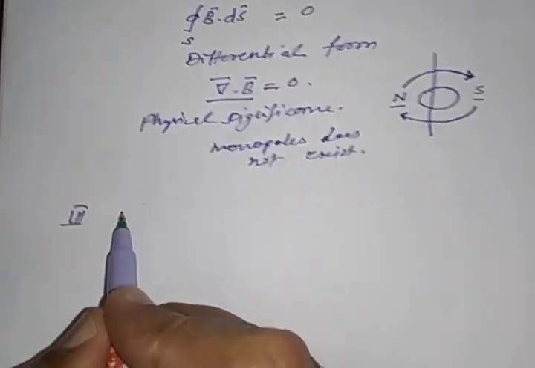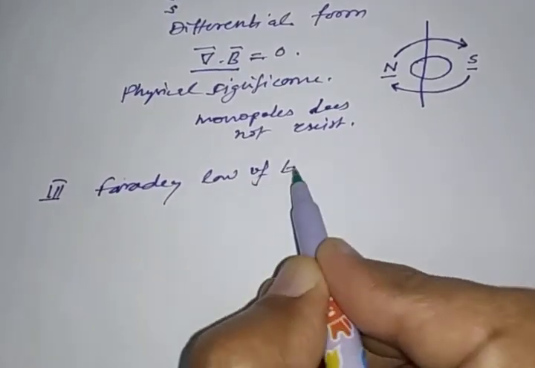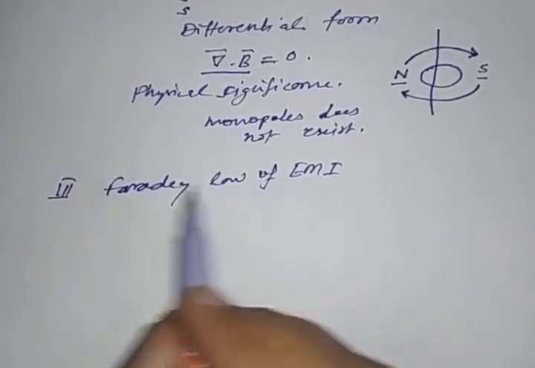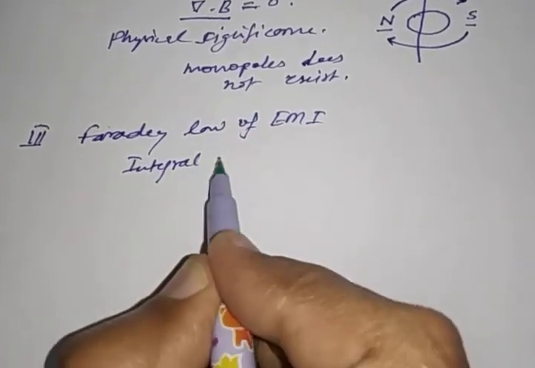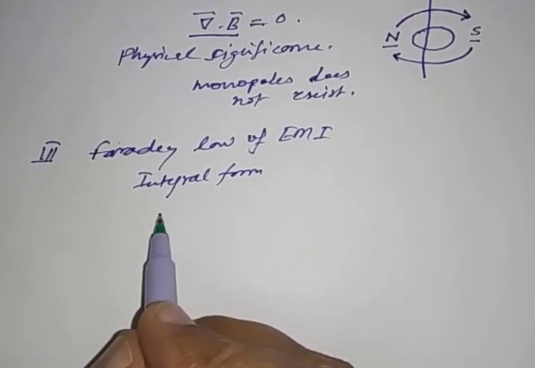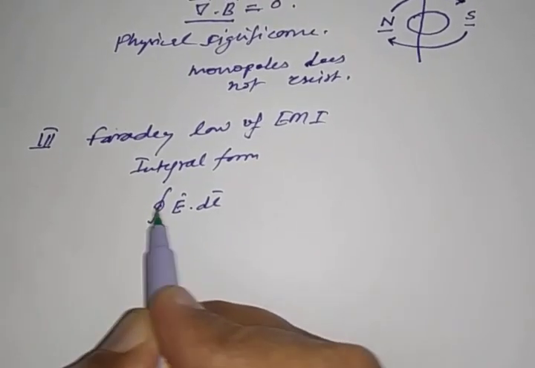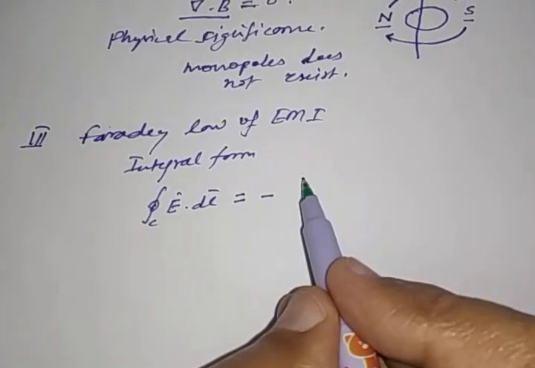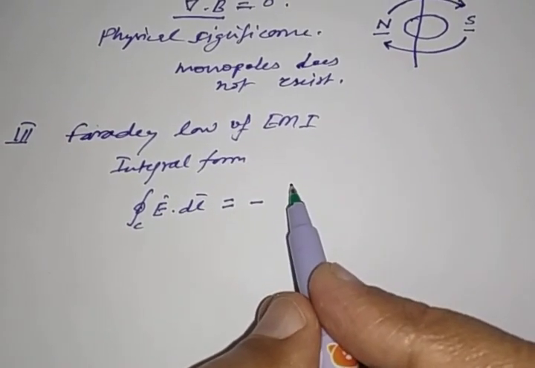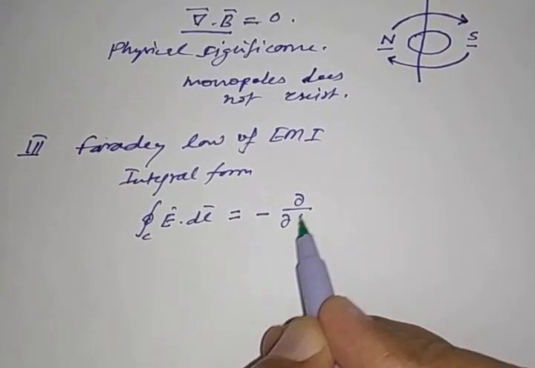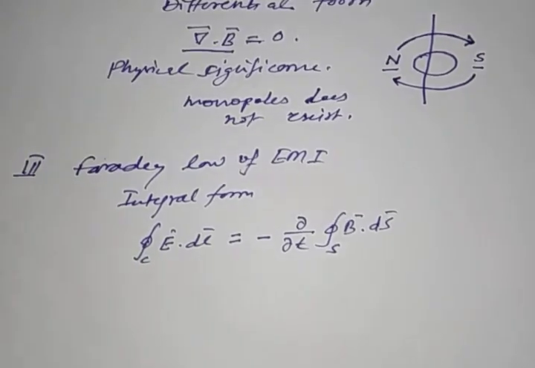The third equation, which is derived from Faraday law of electromagnetic induction, says that the integral form of this law is basically the line integral of electric field around any closed curve is equal to the rate of change of magnetic flux density, around any closed curve.